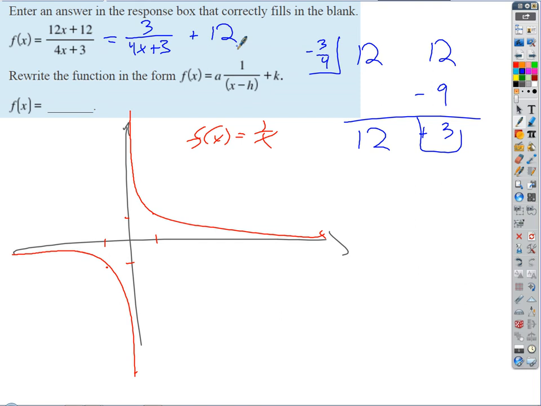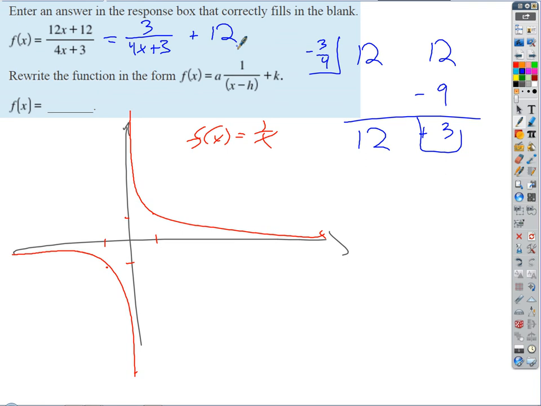Okay, so then how am I going to find h and k there? You know, I made that a little bit hard, didn't I?